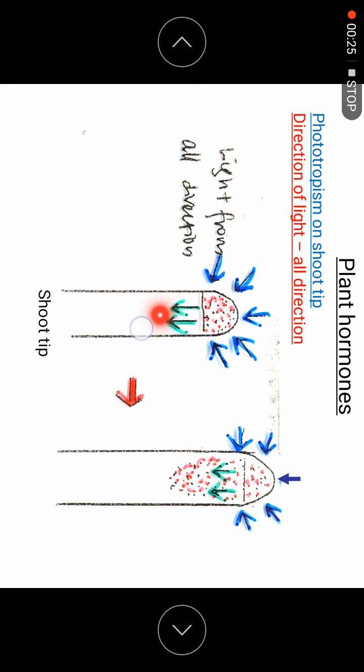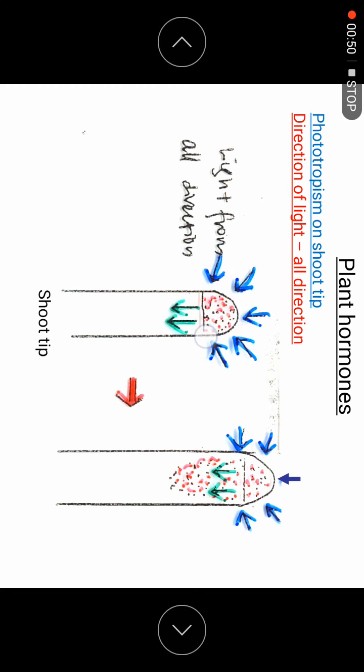For example, in this diagram, if the light comes from all directions, this is a normal situation. So the auxin is produced here. There is one property of auxin: it will go away if the concentration is too high.